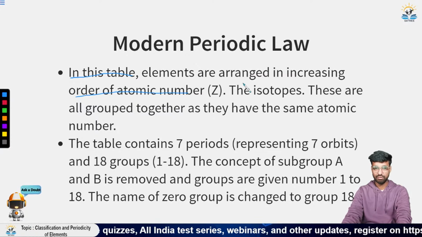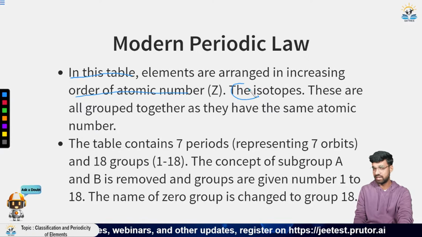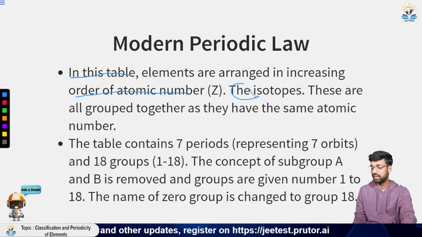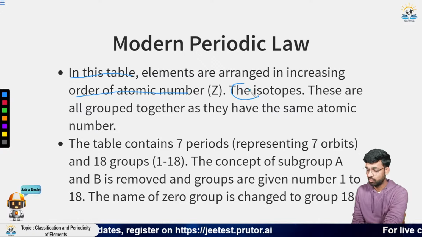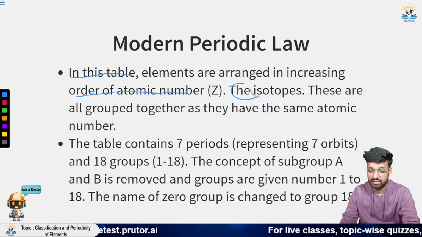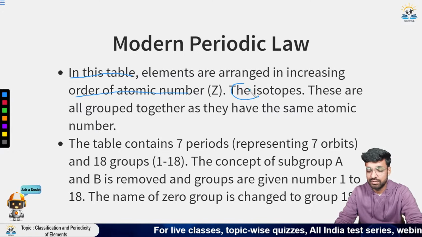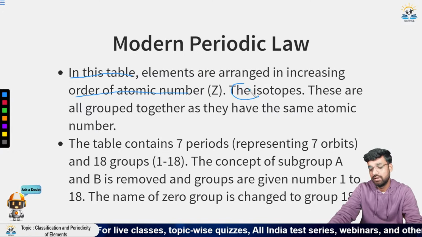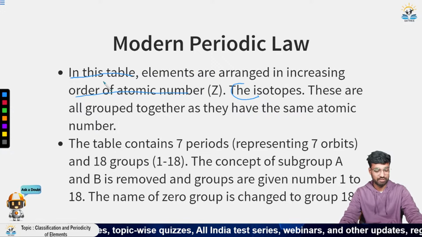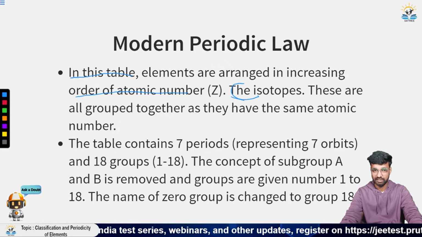Isotopes are grouped in the same position. Suppose an element A has three isotopes, it will not be represented three times in the periodic table; it will be given one position only, which is allotted to all of those isotopes. It is not an important point, but you should keep it in mind.